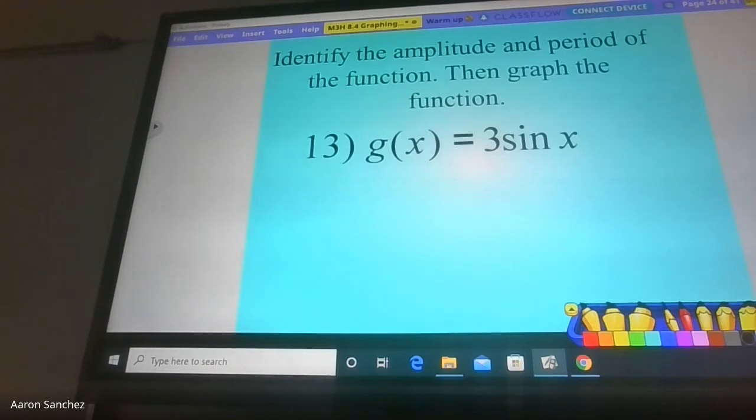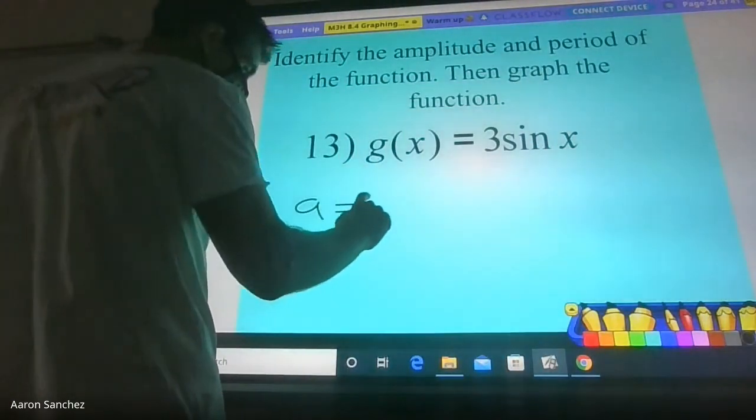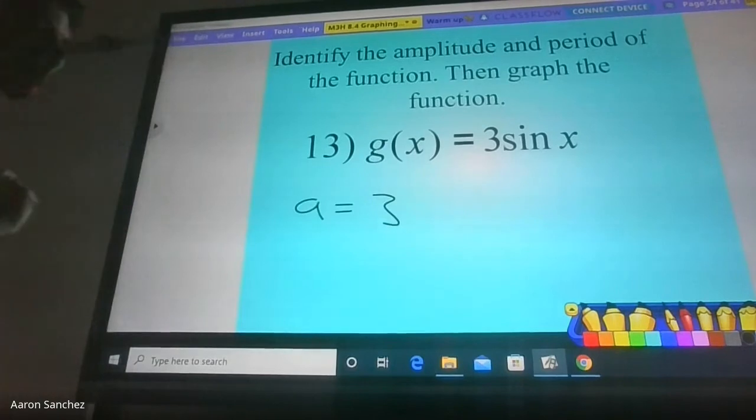Okay. All right. So the first thing is, let's do the easy one. What is our amplitude? 3. Good. That's easy. A equals 3. Now, here's the $1,000,000 question. What is the period?